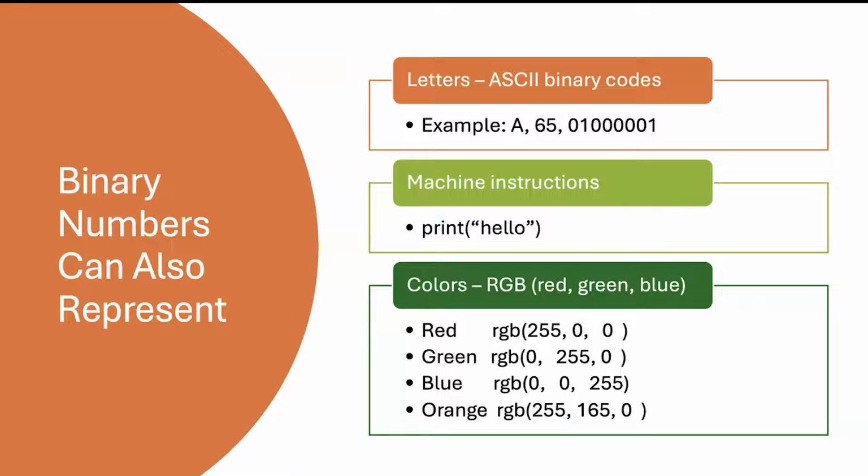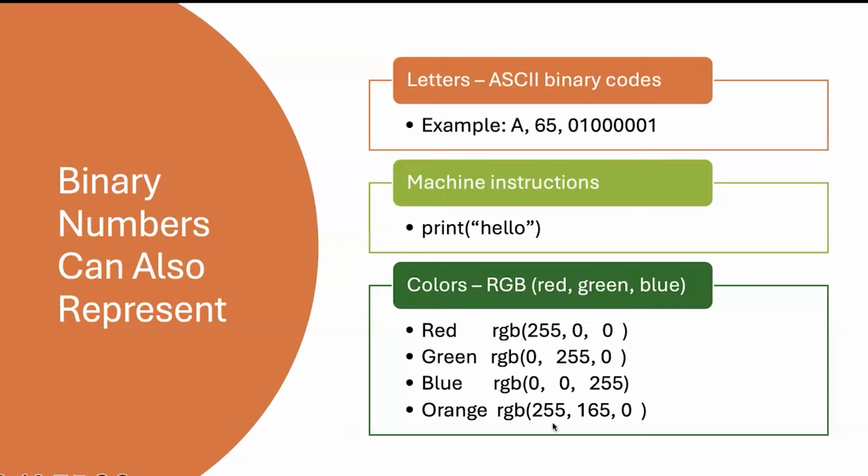Colors can also be represented by numbers. We usually call that the RGB value, representing the value for red, green, and blue. And with those different combinations of values, we can generate many other colors. For example, if we have 255 for the value of red, 0 and 0 for green and blue, it's the red color. And similarly for green and blue.